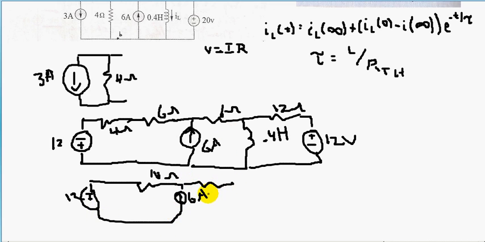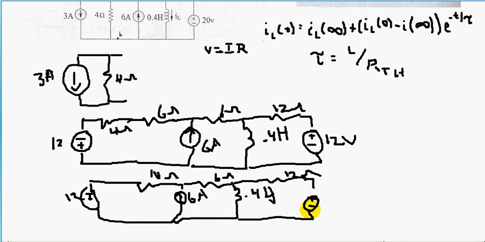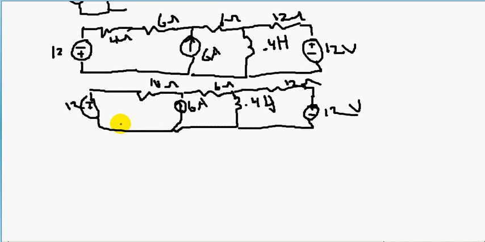We'll put back the 6 ohms, the 0.4 henry inductor, this 12 ohm resistor, and this 12 volt voltage source. Now that we have our Thevenin equivalent, transform it back using source transformation to its Norton equivalent.